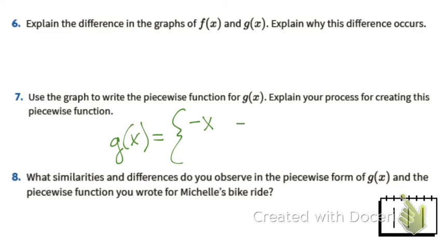I heard someone say it, negative infinity. Okay, I can use any negative number that I want all the way up until, when does this graph stop? Moving to the right, when does it stop? 0. So we would include the 0 in there.